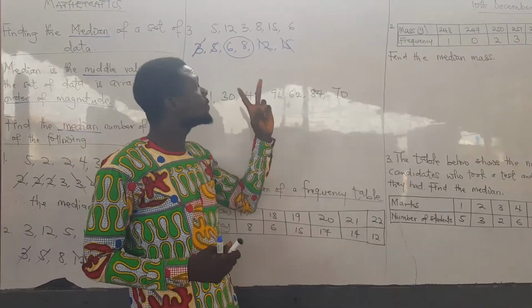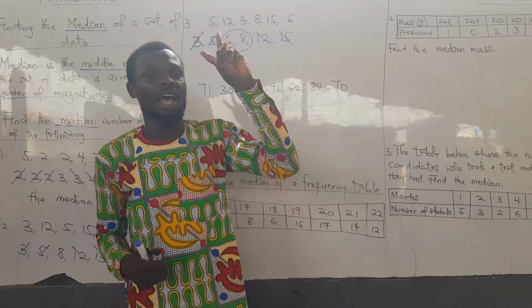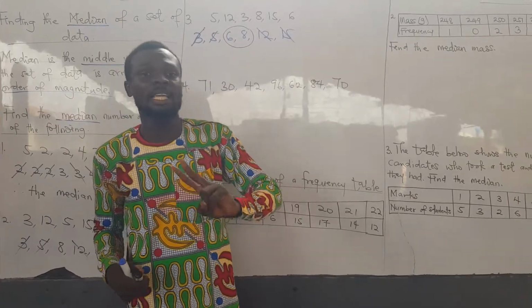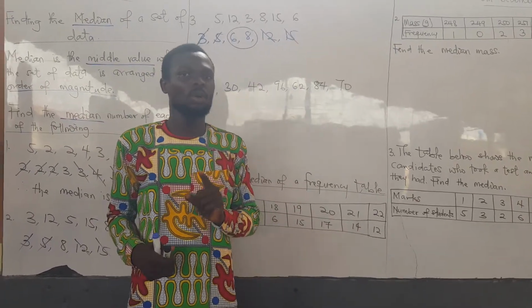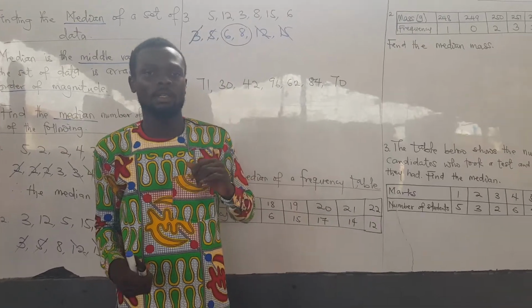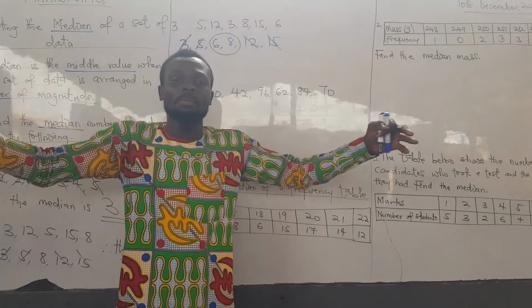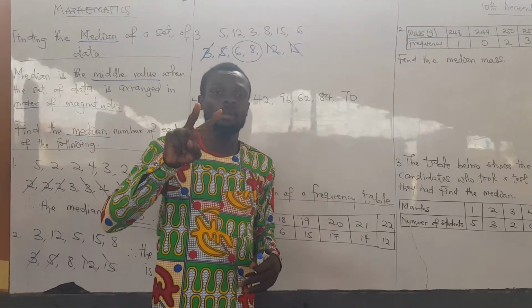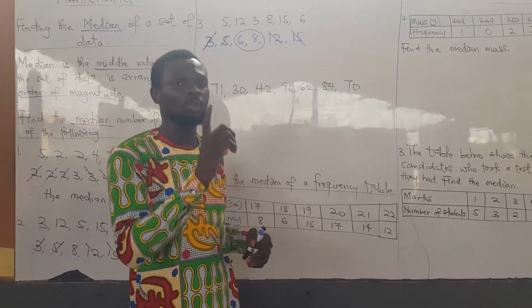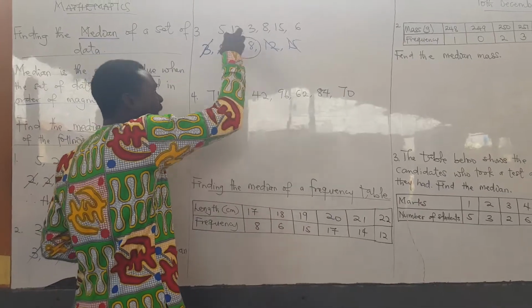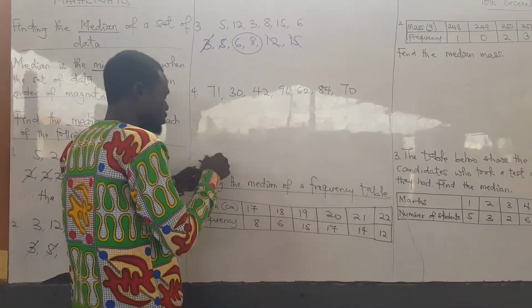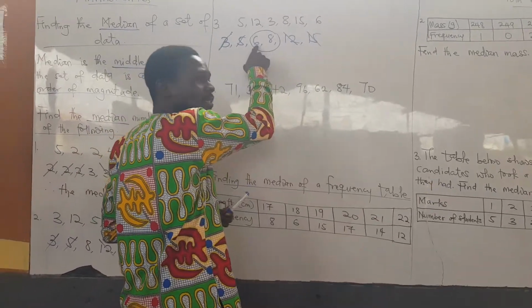Now here we are having 2. So because we are having 2, don't say the median is 6 and 8. No, we are coming to do something to it. Now, if you arrange the numbers and you are able to get 2 numbers in the middle, what you are going to do is that pick those 2 numbers, which is 6 and 8.